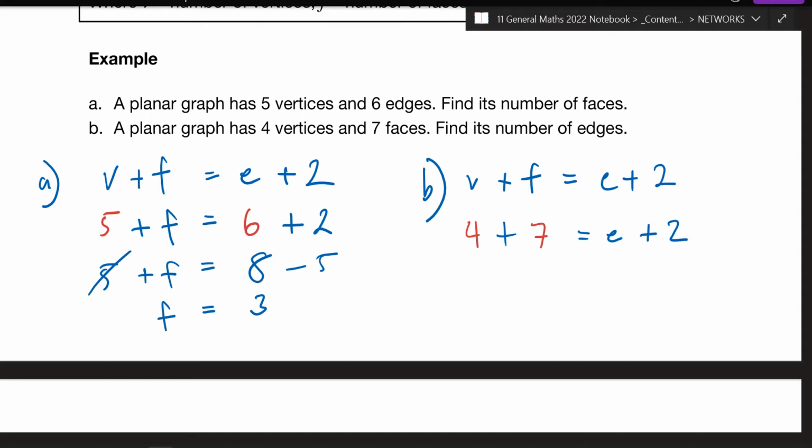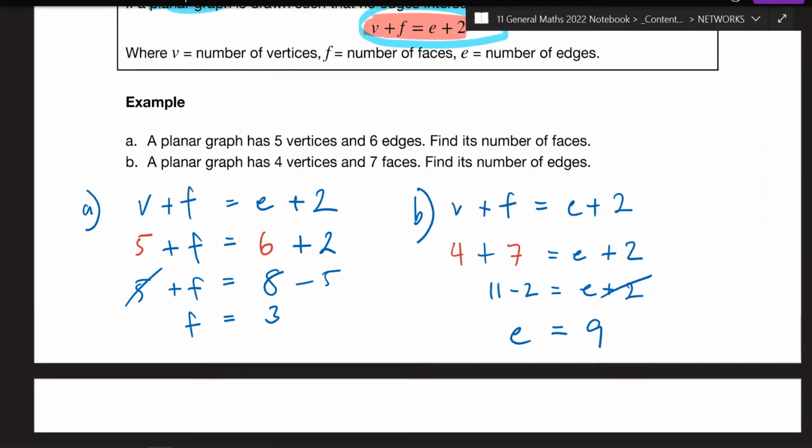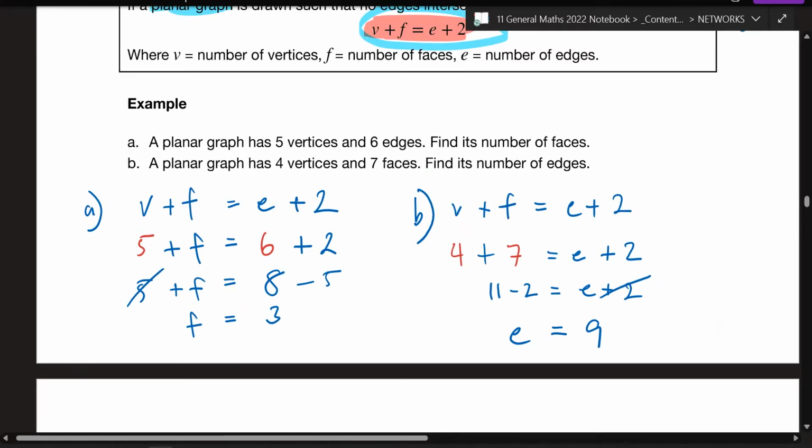Okay, so 4 plus 7 is going to be 11 equals E plus 2. So isolate that E, this becomes minus, so that's minus 2. That means E is 9, so it's got 9 edges. You can use your CAS for this and do the solve function, but it's pretty straightforward. You don't really have to.